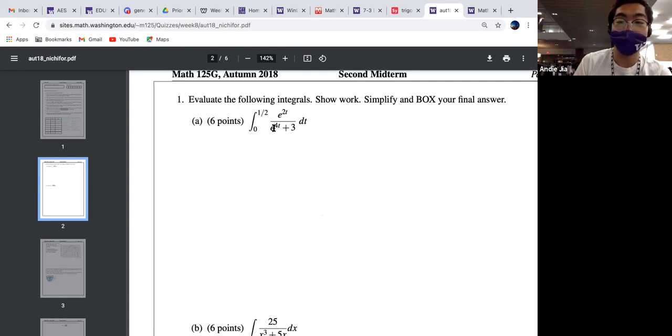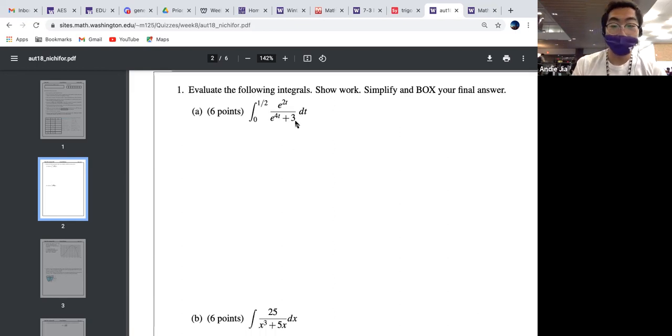With e to the 2t as the u-sub, we change the upper bound and lower bound. The lower bound should be e, and the 2 here should be 1. Then it is going to be 1 over radical 3 arctangent of x over radical 3, or whatever it is, to do the integral.